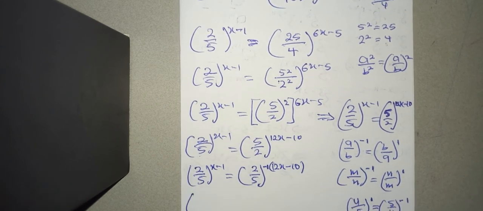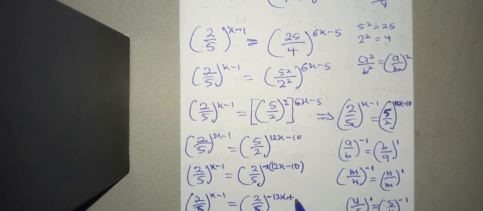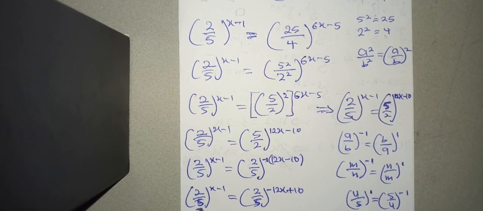So (2/5)^(s-1) = (2/5) to the power of, then this will multiply that, you have -12s. This will multiply that, you have positive, and again, 10. Now finally, we have succeeded in making sure that this is the same as that.